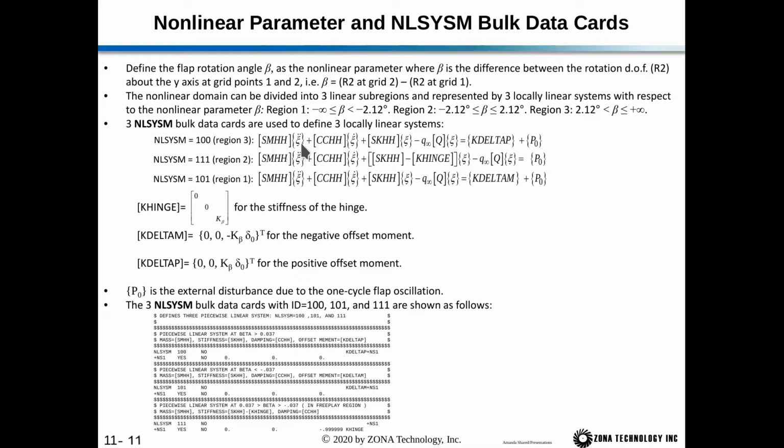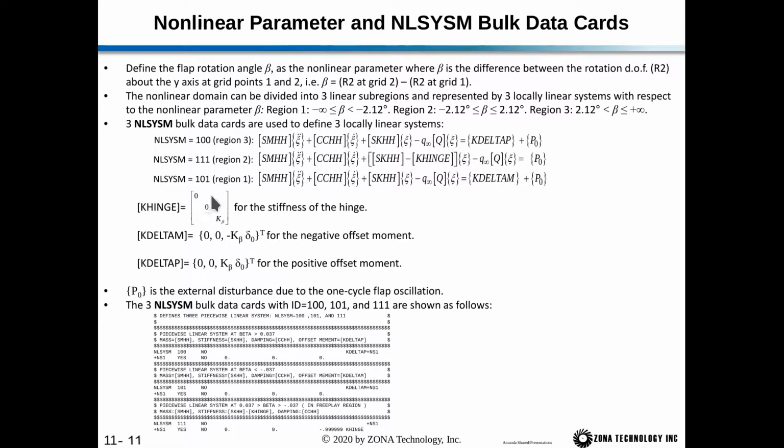So for region 3, we have our offset moment. For region 2, we do not have an offset moment, but we subtract out the flap hinge stiffness here, so that we have 0 stiffness on the flap. And then for region 1, we have our offset moment.